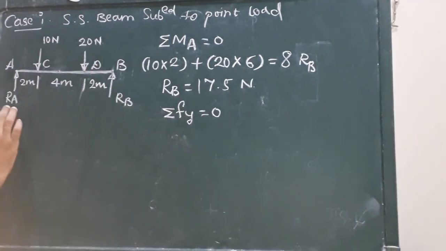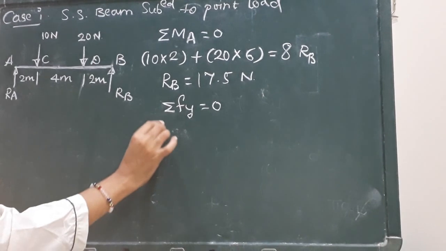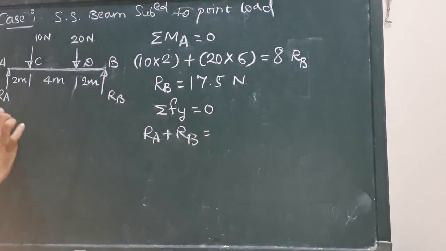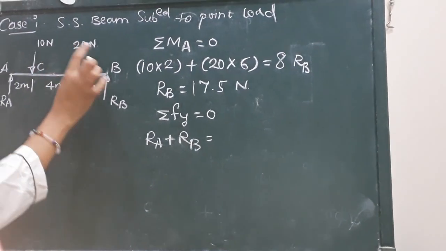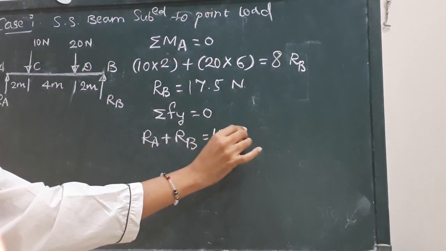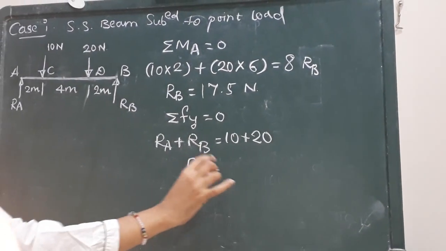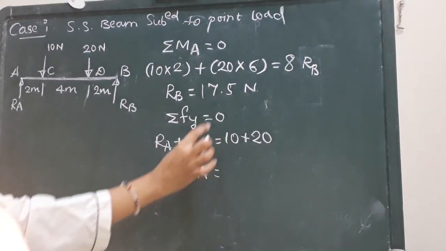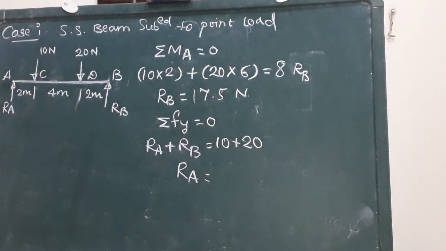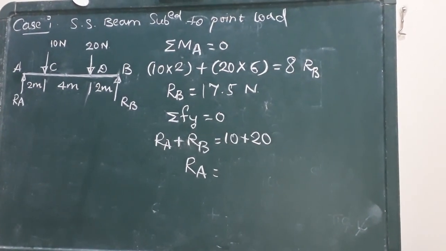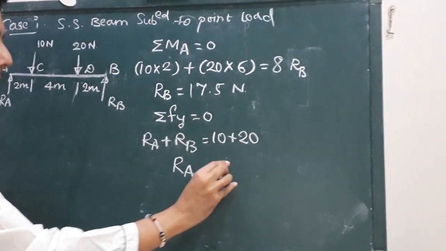So we write the equation as RA plus RB is equal to 10 plus 20. On simplifying, put the value of RB, that is 17.5. When you solve this, you will get the value of RA as 12.5 Newton.